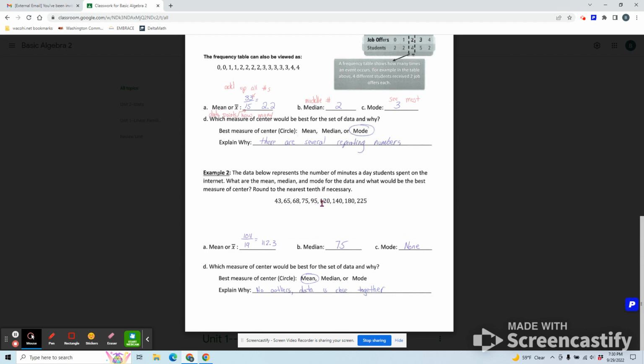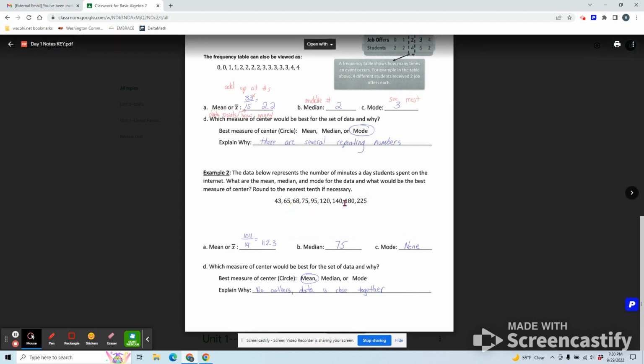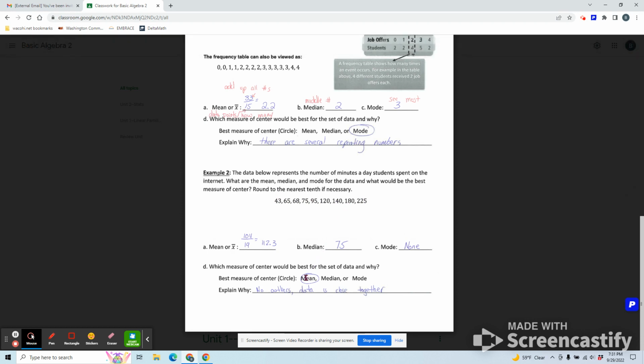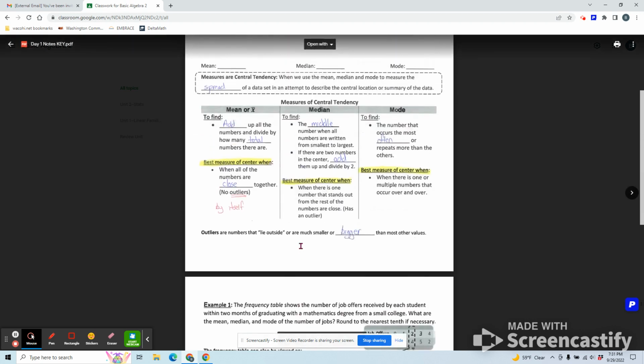I don't really have a whole lot of outliers. But there's also the argument that the median could work as well, because sometimes these could be considered outliers, right? 225 could be considered an outlier, because these numbers are kind of small and then these get larger. But for purposes of today, I'm going to go with the mean.